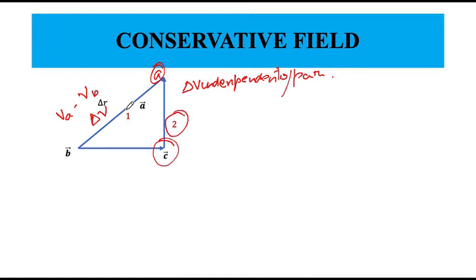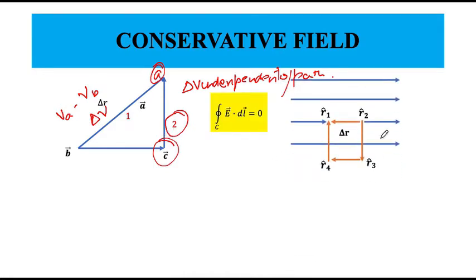Now a possible explanation for this observation can be obtained by looking at the point charge field. So these are the point charge fields that I have. Now imagine that I am moving along this particular path, between points R2 and R1.